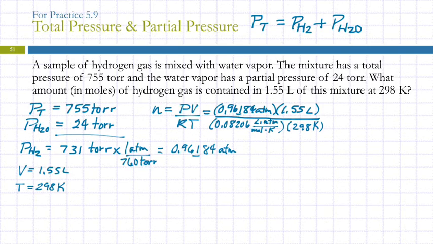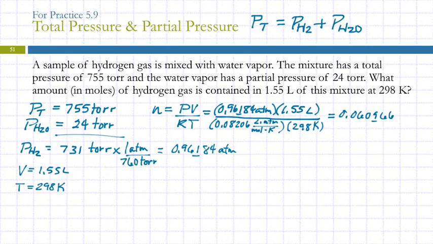So I've got 0.96184 times 1.55 divided by 0.08206 divided by 298 equals 0.060966.